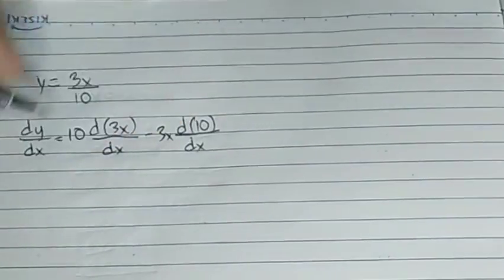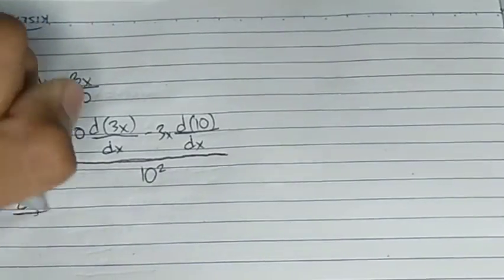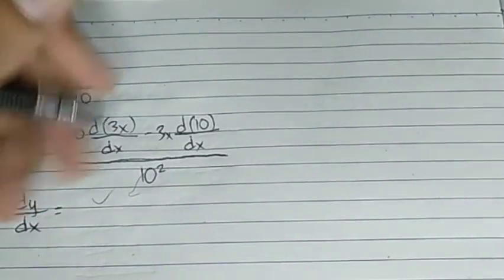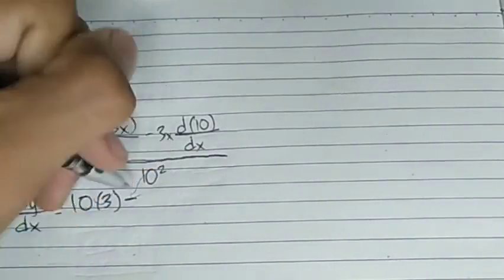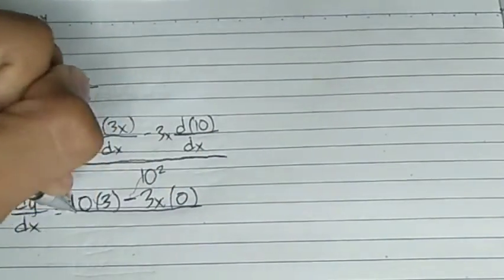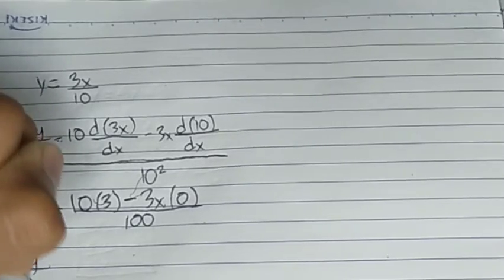So dy over dx is equal to 10 times the derivative of 3x over dx minus 3x times the derivative of 10 over dx all over 10 squared. dy over dx is equal to 10 times the derivative of 3x, which is 3, minus 3x times the derivative of 10, which is 0, all over 100, which is the product of squaring 10.